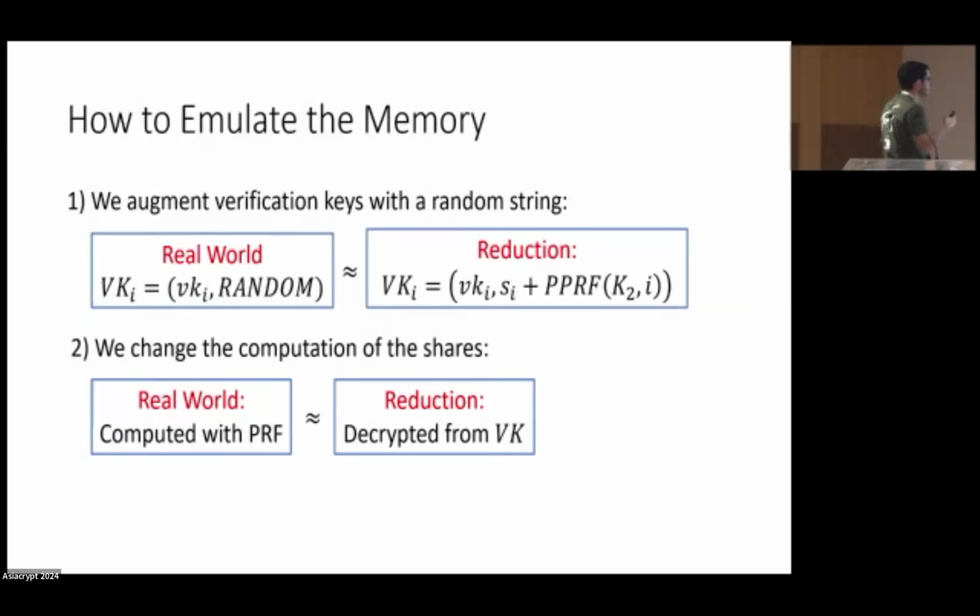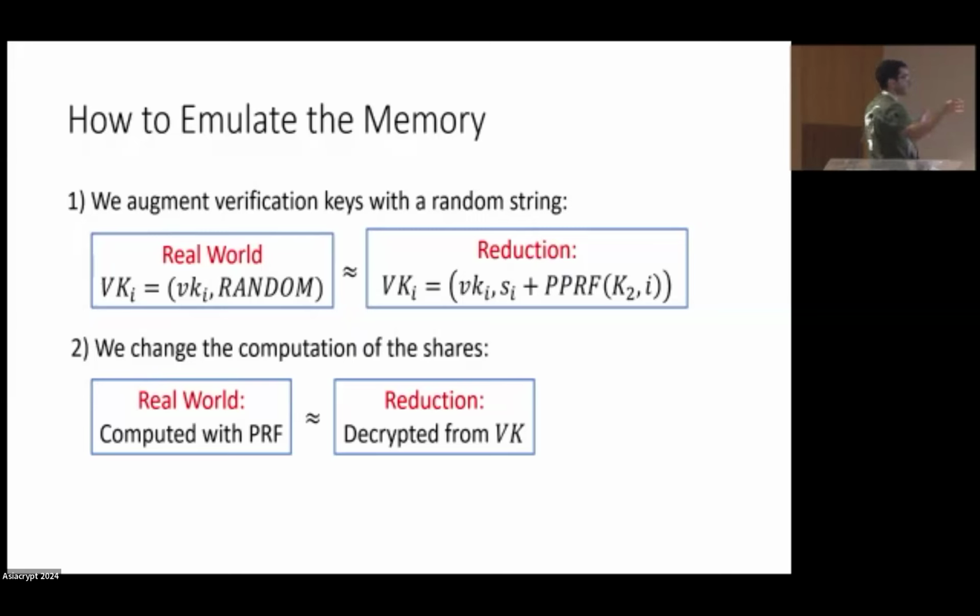The underlying signature scheme key additionally has a random string attached to it, big enough to encode a share. In the real world, it will be just a random string. And then in the reduction, we are going to switch, and have in this random string a sort of one-time pad encryption of the share.